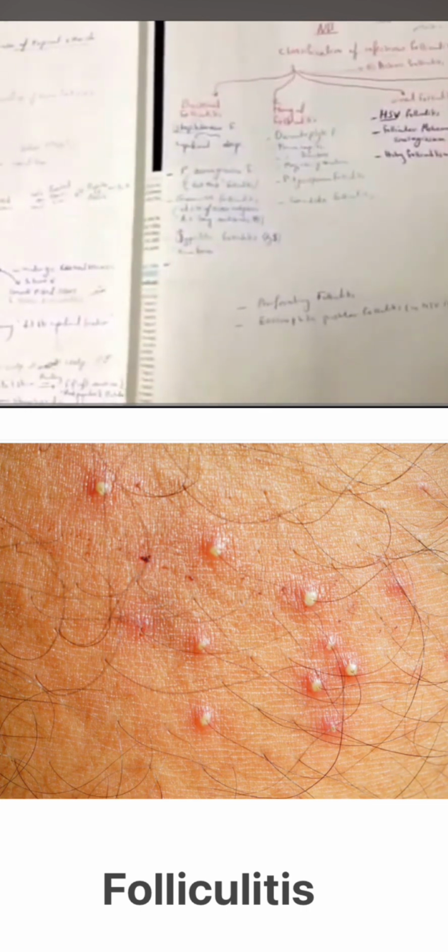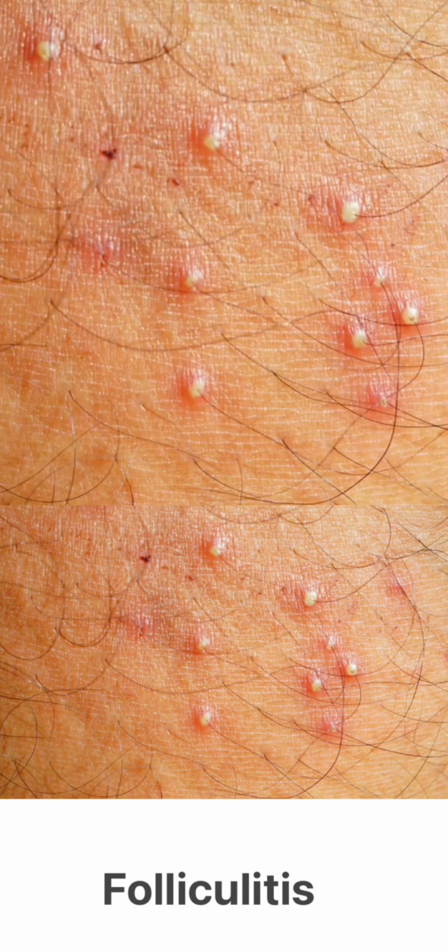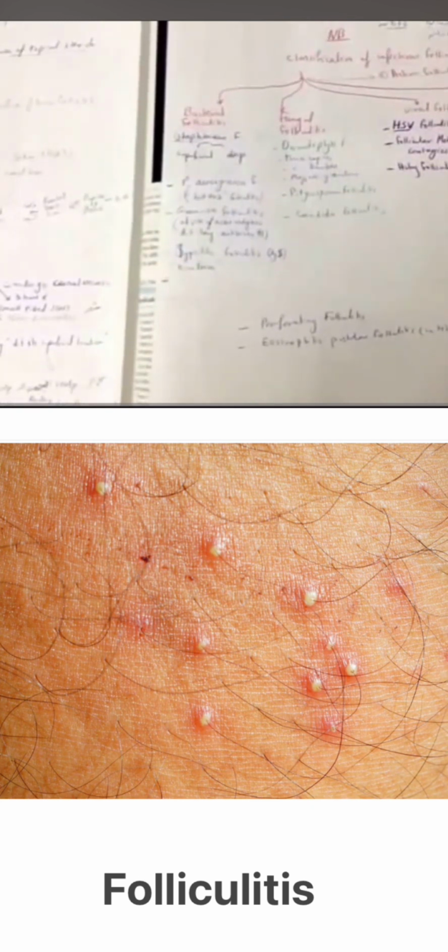The bacterial folliculitis includes the staph folliculitis, which we will talk about later, superficial and deep types, and Pseudomonas aeruginosa, hot tub folliculitis, gram-negative folliculitis at the site of acne vulgaris due to antibiotic treatment, and syphilitic folliculitis, acneiform.